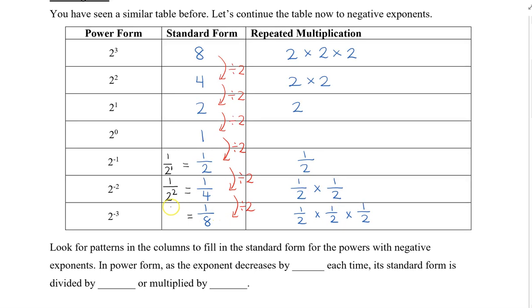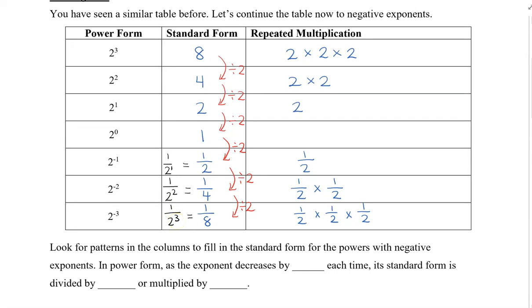And then 1/8 is the same as 1 over 2 cubed. So notice the pattern over here. When it was 2 to the negative 1, it has now become 1 over 2 to the power of 1. 2 to the negative 2 has become 1 over 2 squared, and now the exponent's positive. And same with 2 to the negative 3. It has now been written as 1 over 2 cubed with a positive 3 exponent.